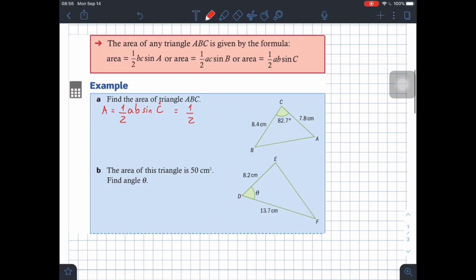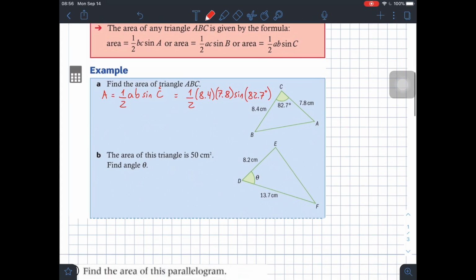A is 8.4. B is 7.8. And sine of 82.7 degrees. Okay, so if we use our calculators to find the area, remember that the calculator in this case should be set in degrees, right?